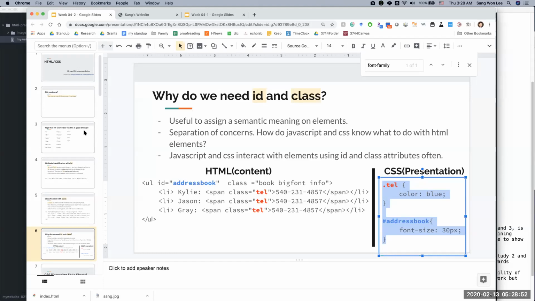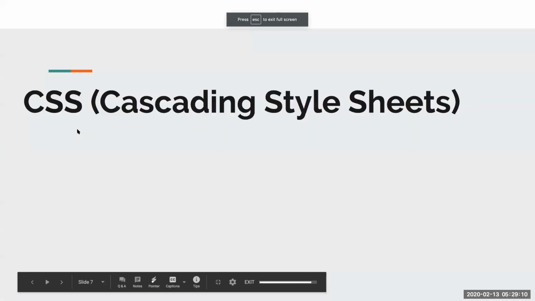We're going to come back to this when we study JavaScript or jQuery even. But today we're just going to use it in the context of stylizing HTML code. Okay, so let's move on.